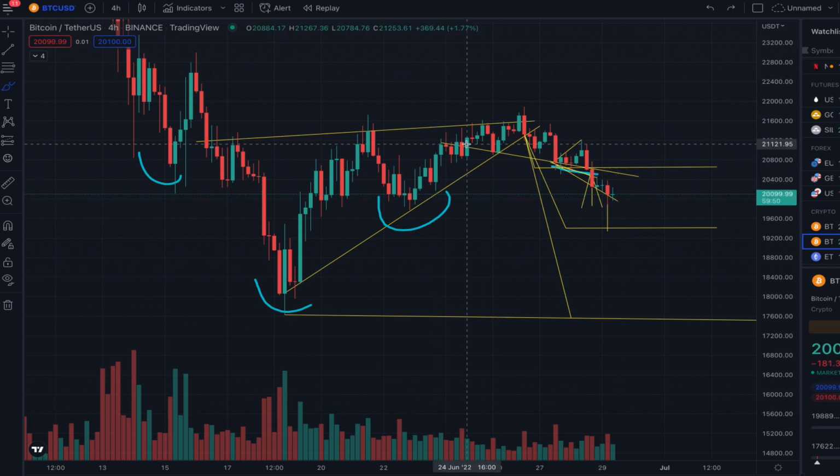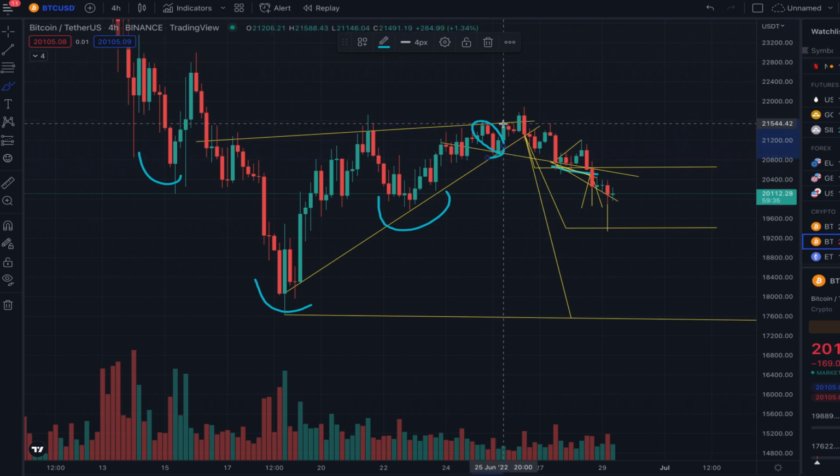Yeah, because this here is the first price target of this ascending triangle. So the first price target comes from here, where the price touches both the support here and the resistance here. The second price target comes when the price touches the resistance and the support right here, and the third price target comes when it touches it right here.